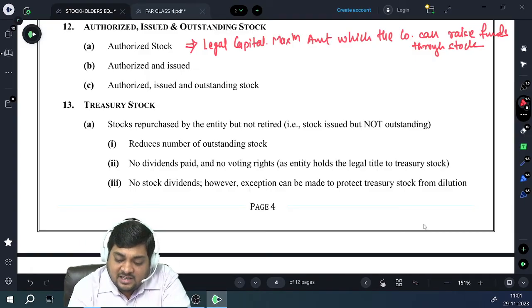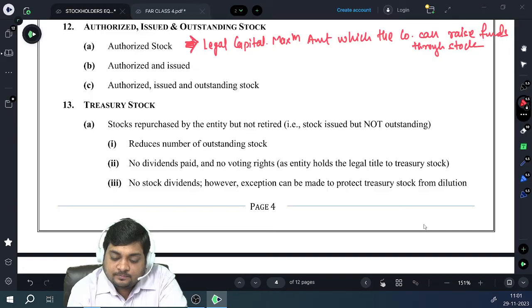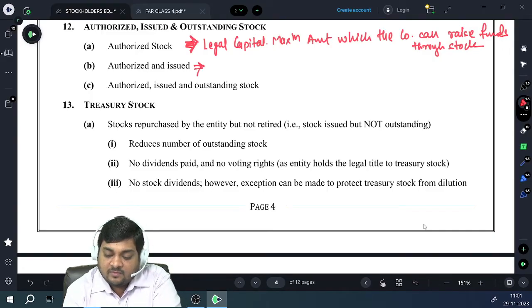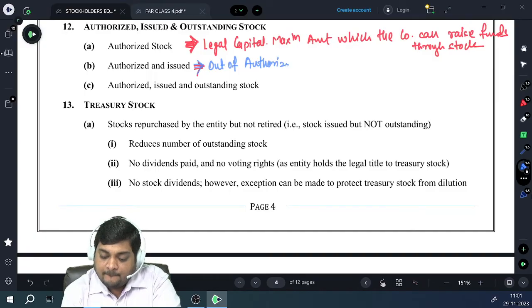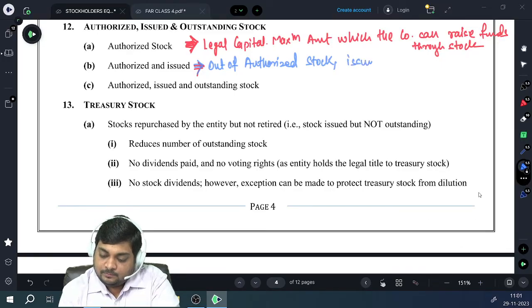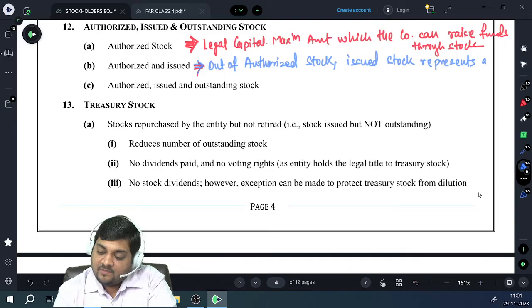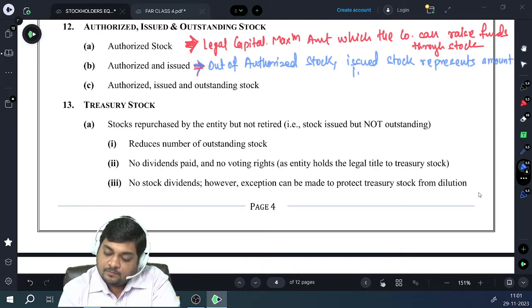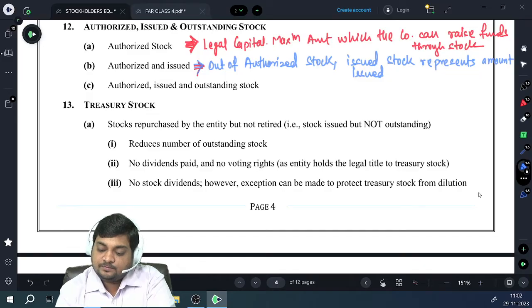Now what is this authorized and issued? Out of authorized stock, issued stock represents amount issued for raising funds.